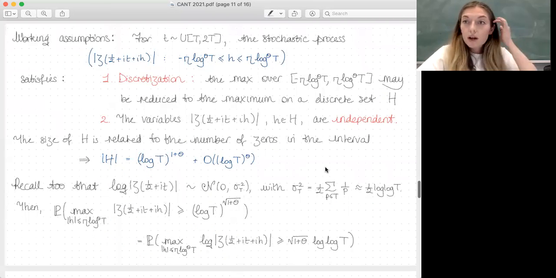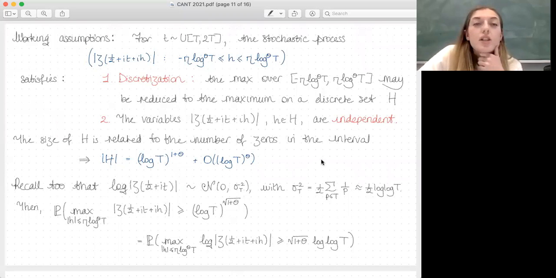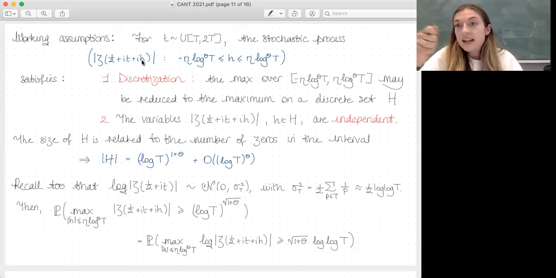Let me walk through a couple of the assumptions we use in order to create these numerics. We're interested in the behavior of this stochastic process. This t here is random, chosen uniformly from this large range, and I'm going to pick a particular interval. These are always for positive theta, so my intervals look like this. Then I make at least 2 assumptions. Firstly, and you can justify this theoretically, you're fine to discretize. Instead of looking over a continuous interval, you can just look over the maximum on a discrete set of points.